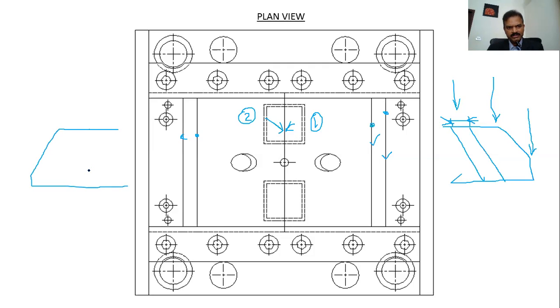If a hole is straight and you look from the top, it will look like a circle, right? But if it is cut at an angle, when you look from the top, it looks like an ellipse. Clear?